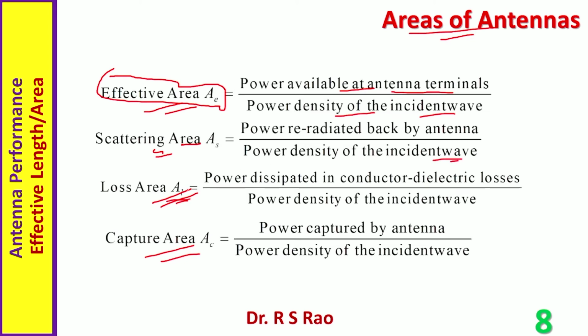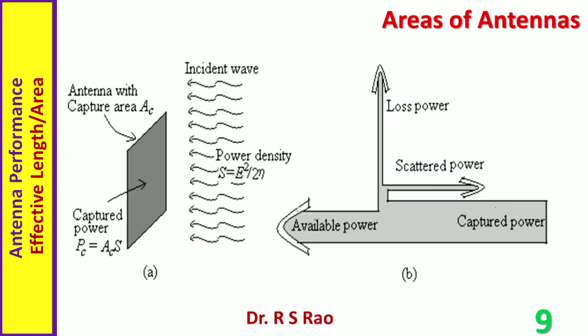Loss area AL by definition is the power dissipated in conductor and dielectric losses to the power density of the incident wave. Capture area AC is equal to the power captured by the antenna to the power density of the incident wave. We go somewhat deeper into the definitions in the next slide by considering some illustrations.